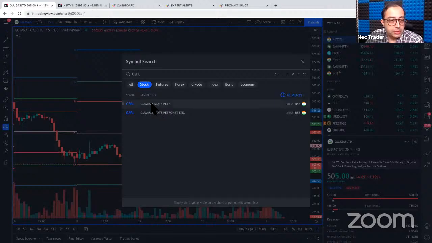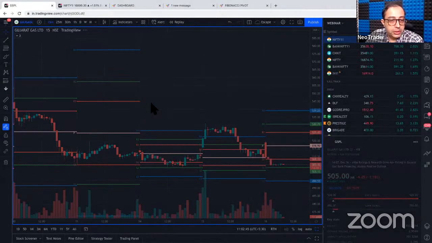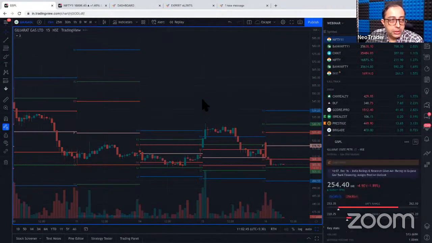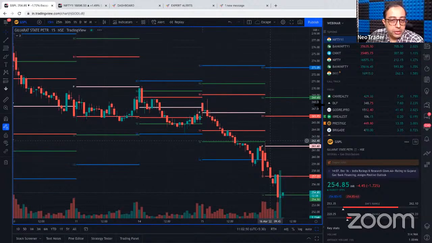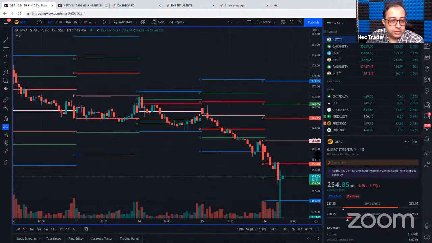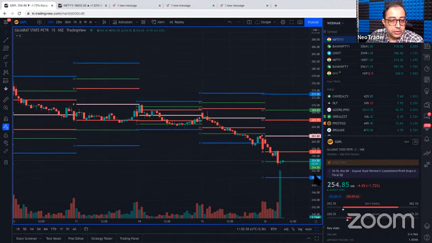See here now, in GSPL, you can see here that the stock has been on a steady decline and today it continues to be on a negative note.